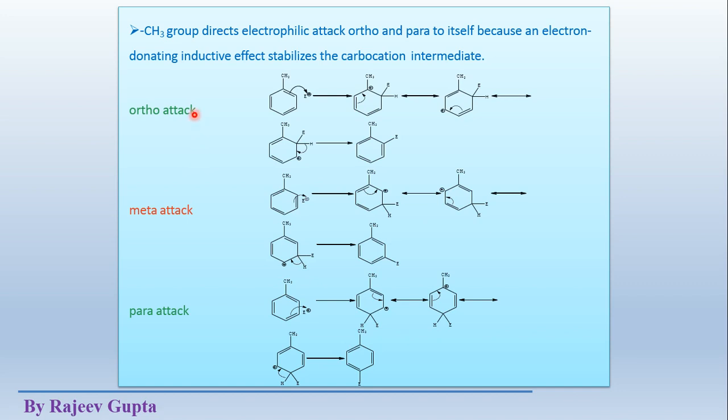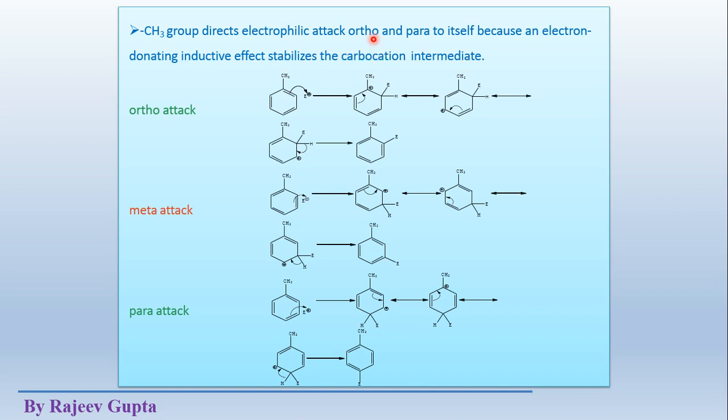Now see the directive nature of the methyl group or alkyl group. The methyl group directs electrophilic attack ortho and para to itself, because an electron donating inductive effect stabilizes the carbocation intermediate.